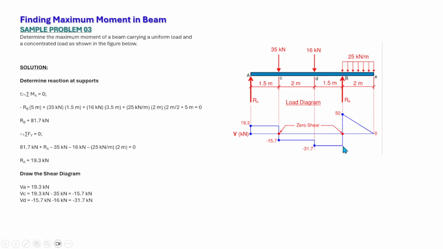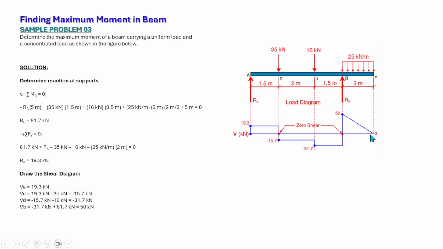Then we add negative 31.7 plus the reaction at point B, which is 81.7. So at point B, minus 31.7 plus 81.7 kilonewton is equal to 50, so the shear goes up to positive 50 here.